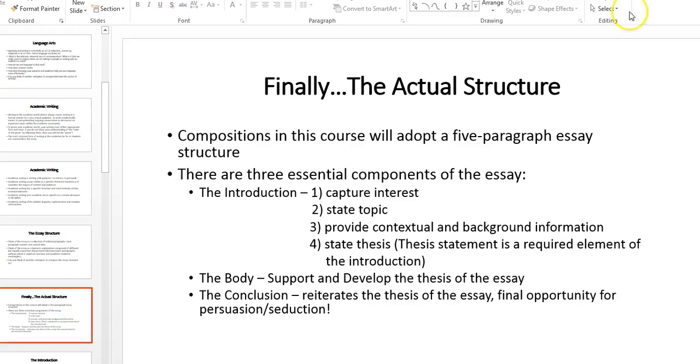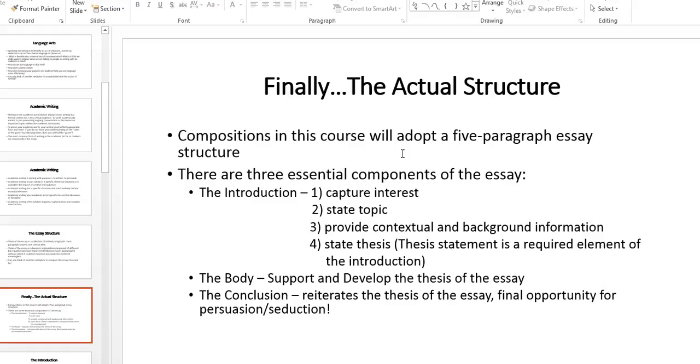All right, so the basic essay structure in college has three components, right? No matter how long the essay is, or no matter how short the essay is, or no matter who wrote it. It can be a scholar or a professor, or it can be a first-year college student, right?